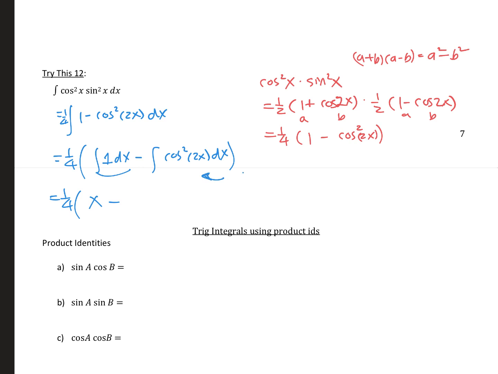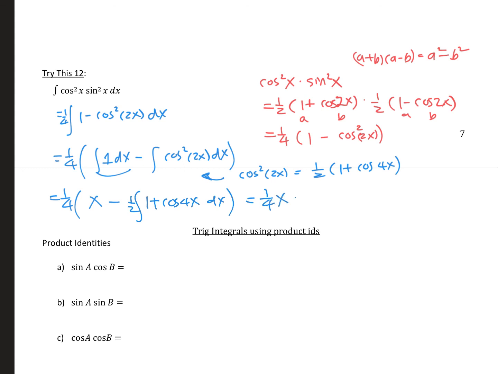So cosine squared 2x is equal to 1/2 (1 plus cosine 4x), right? We basically double this angle. When this was x, it became 2x. If it's 2x, we just double that, so it's a 4x. So I can say that's 1/2 (1 plus cosine 4x) dx.